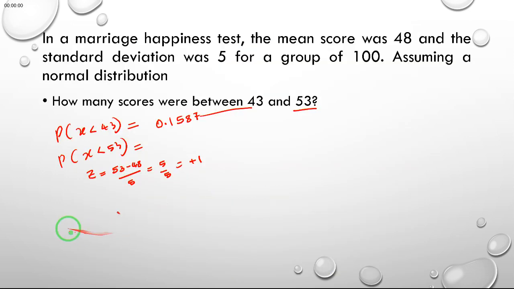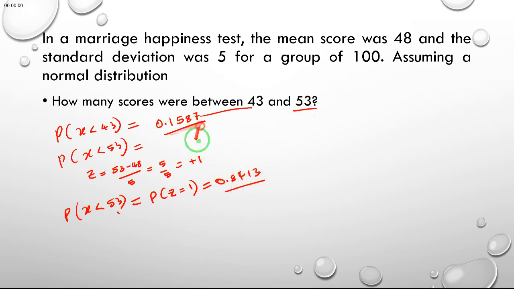So the probability that x is less than 53 is 0.8413, and therefore this is bigger than the other one.